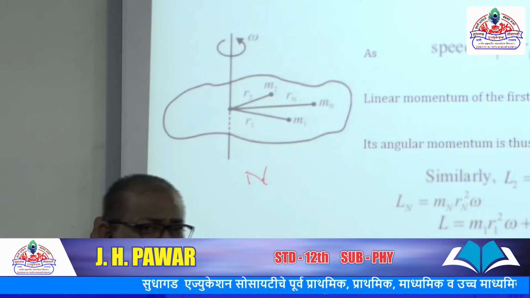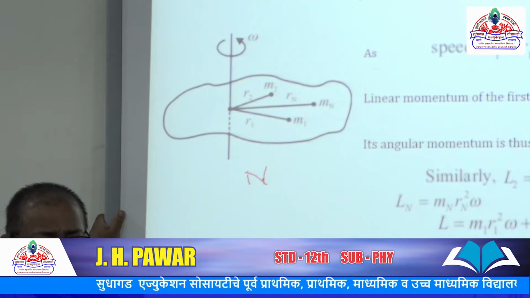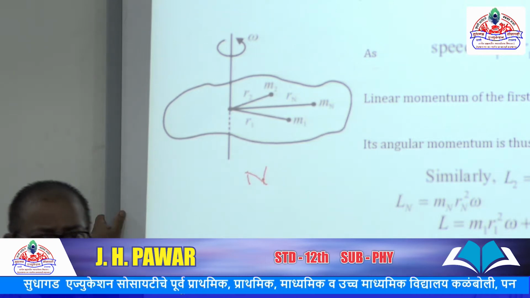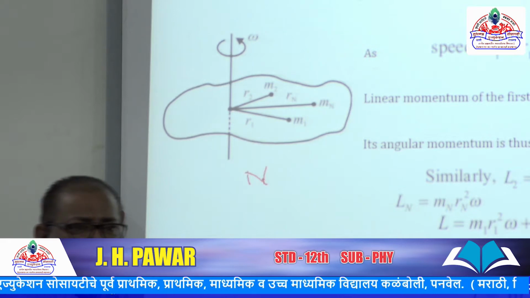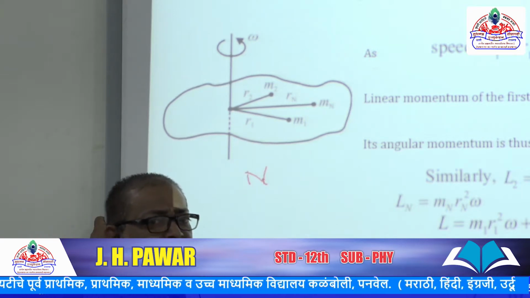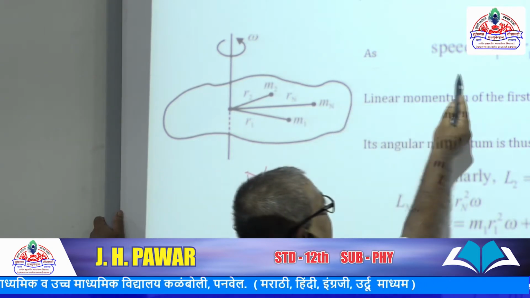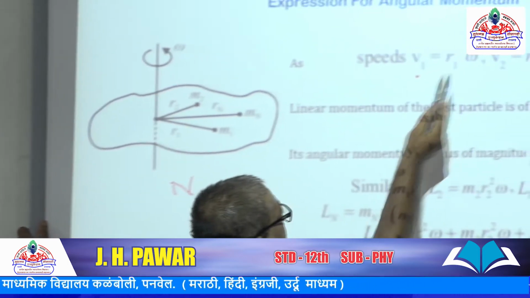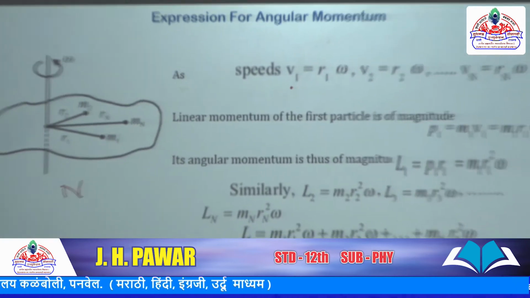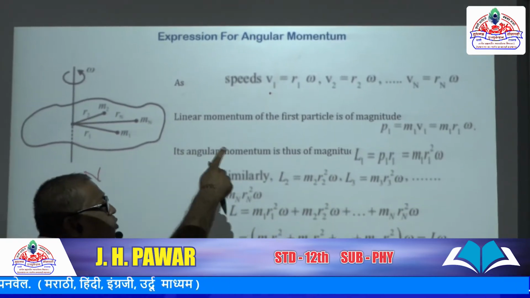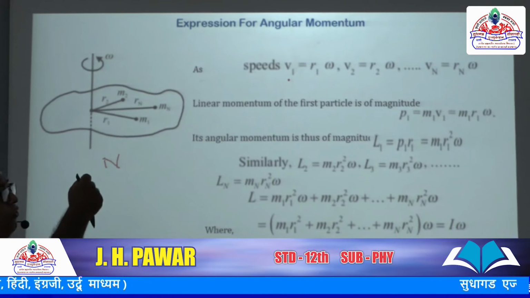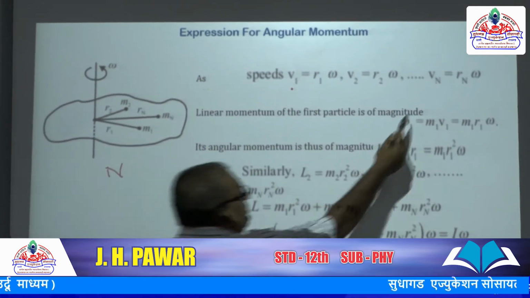Why? Because their radii of circles are different, and we know that linear speed depends upon radius and omega. So their linear speeds are given as v1 equals r1 omega for the first particle, v2 equals r2 omega, up to vn equals rn omega.